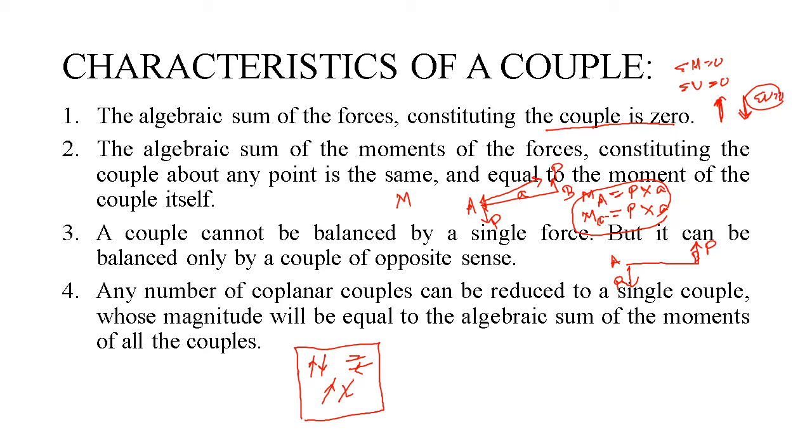How? We take the algebraic sum of the moments of all the couples, the first couple, the second couple, this is the third couple. We take the summation of the moments of these couples, whose magnitude is equal to this single couple.